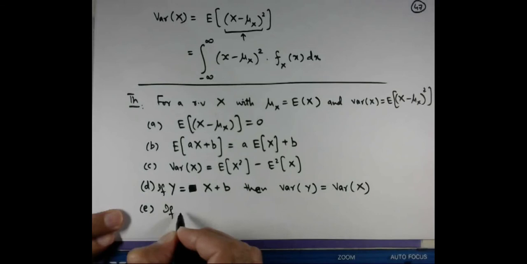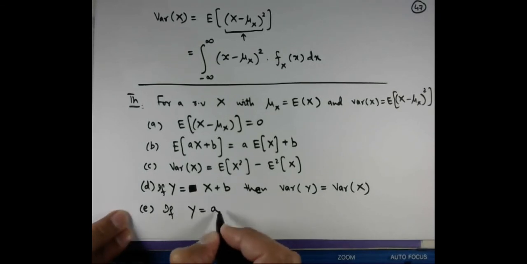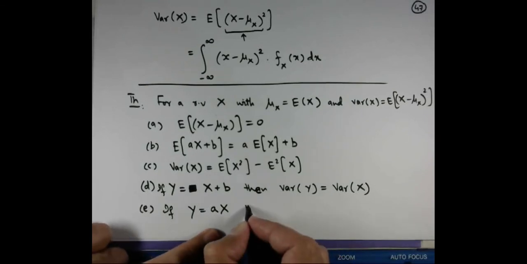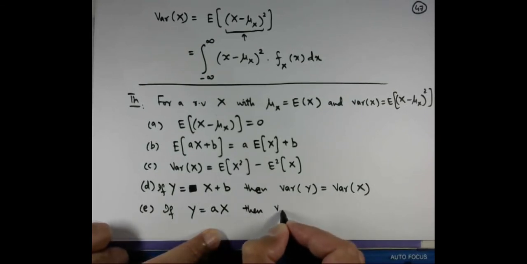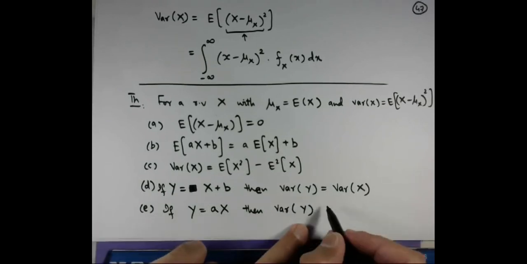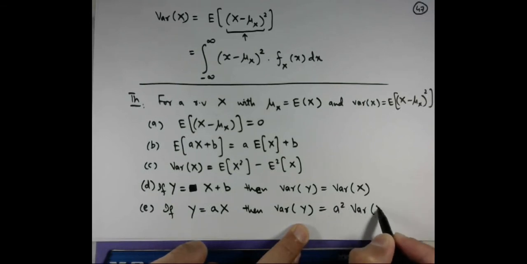So now if you have a derived random variable y as a scaled version of the parent random variable x, then the variance of this derived random variable is a square times variance of x.